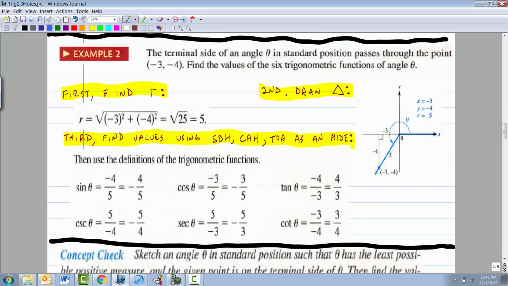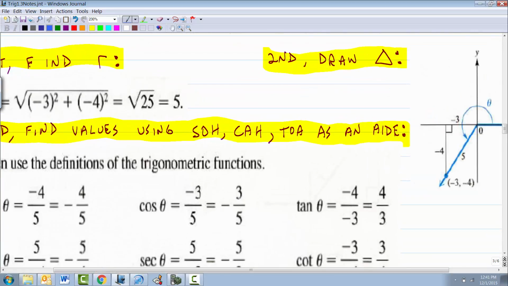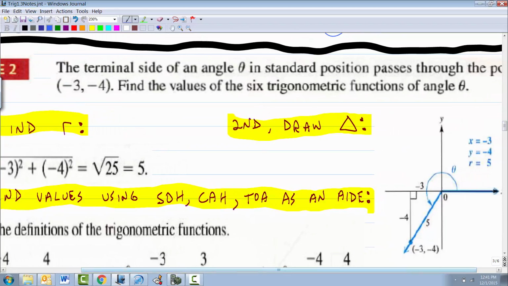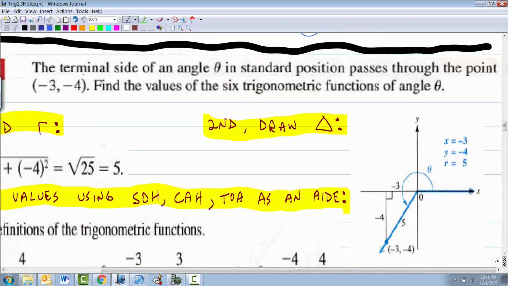Here's another example. Again, let's focus on not the answer, but the directions and then the drawing. So focus on it. The terminal side of an angle in standard position. Stop. Standard position starts at the positive x-axis, and then the terminal side happens to pass through -3, -4, and then 5.